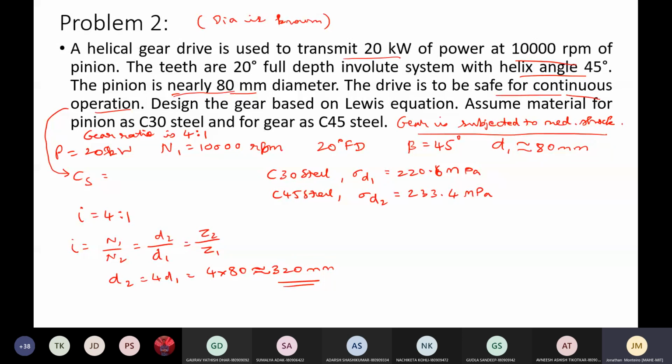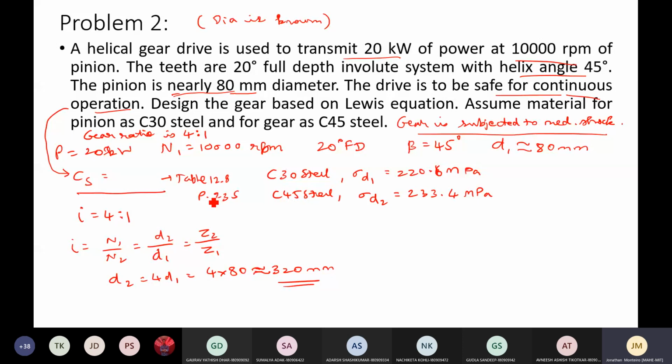What is CS? If you go to the values in the table, service factors for a CS gear according to table 12.8, page 235. There you have medium shocks with continuous operation.